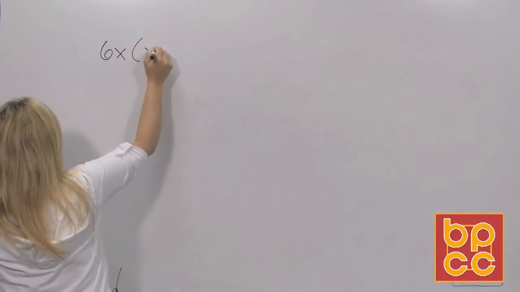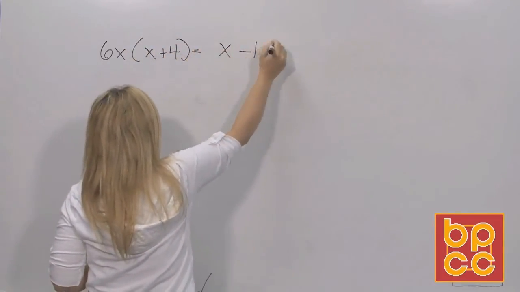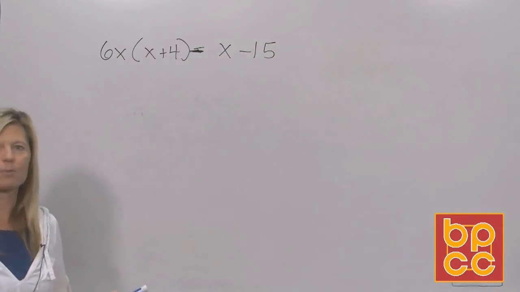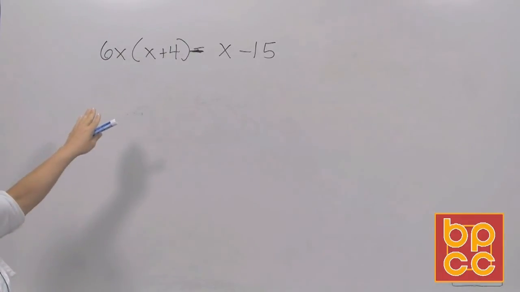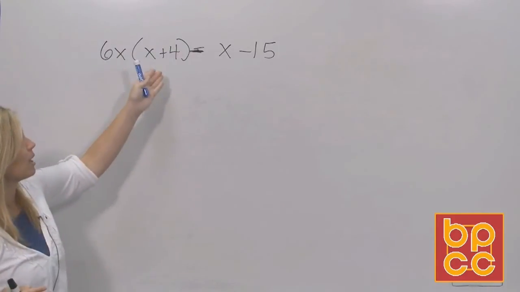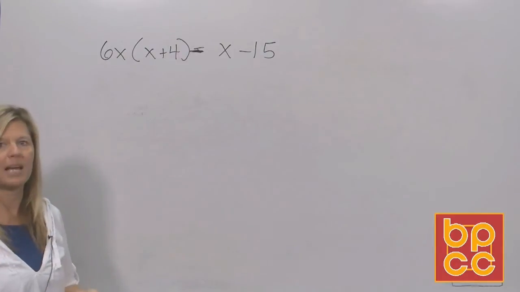6x parentheses x plus 4 equals x minus 15. So what we have learned from Algebra 1, Algebra 2, and now in college algebra is before we can do anything, we have to free our terms. You cannot have an equation that has parentheses in it. So we need to get rid of the parentheses by doing multiplication.